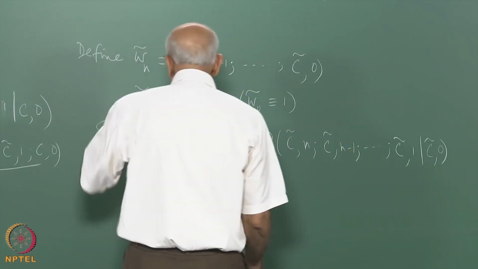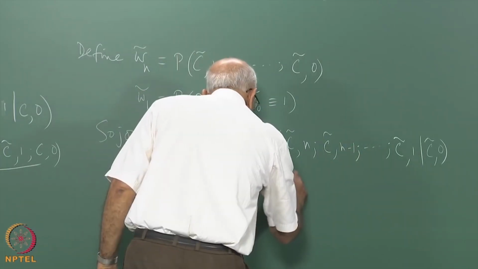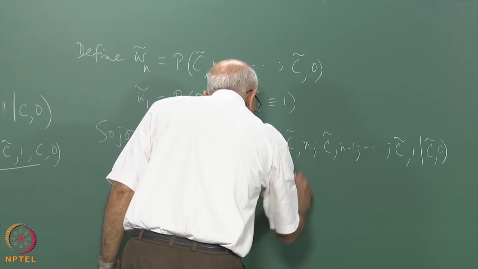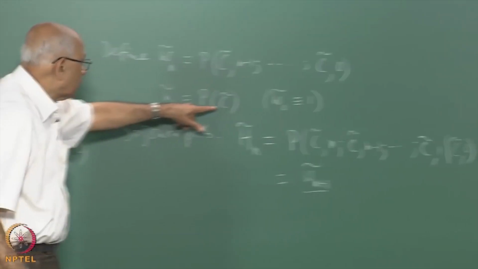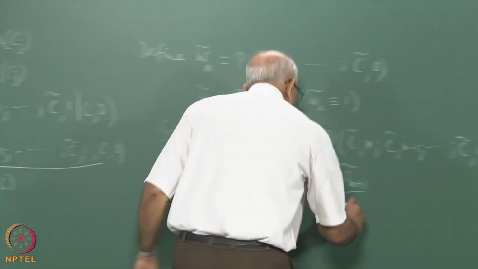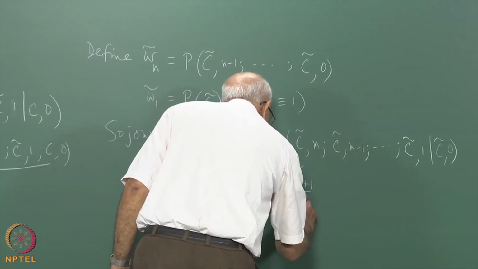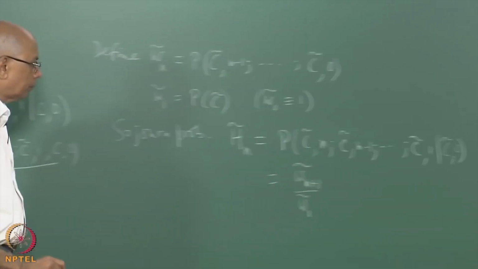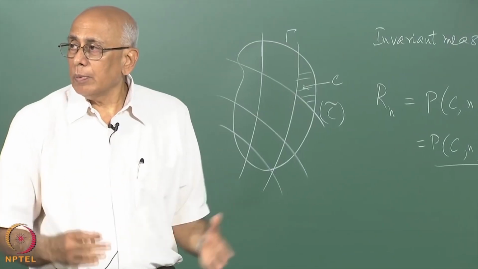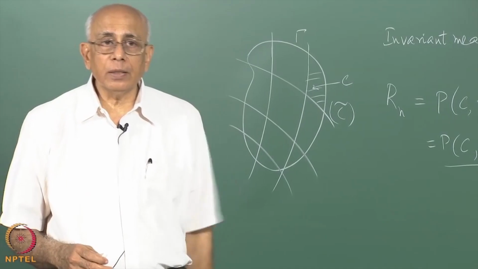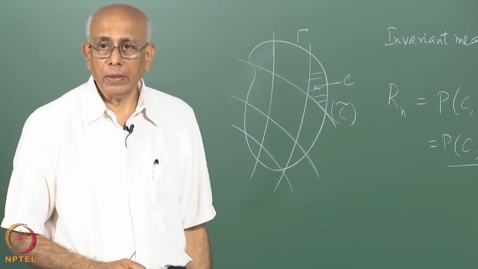It is obvious from here that this is equal to W n plus 1 tilde over the probability of C tilde, which is W1 tilde. And I emphasize that there is no question of normalizing this H sub n, they are all probabilities. There is no question of adding different n's because they are not mutually exclusive events.